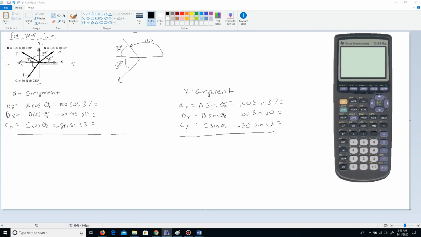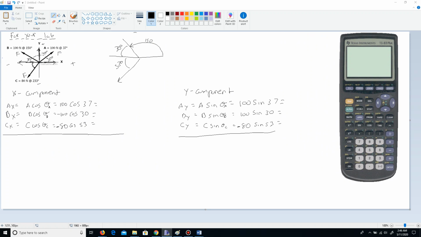I'll move it over here so I can have everything seen. So turn it on, make sure it's in the right mode. Alright, so we'll start with 100 cosine 37, 79.86.